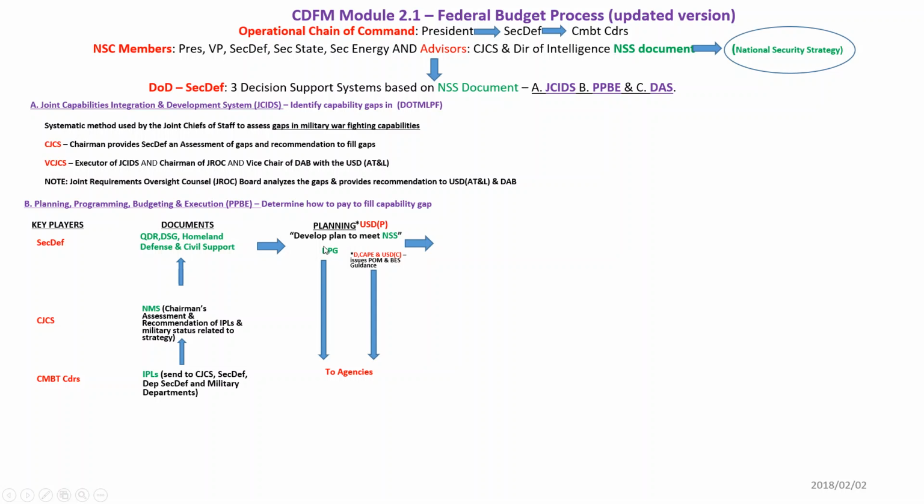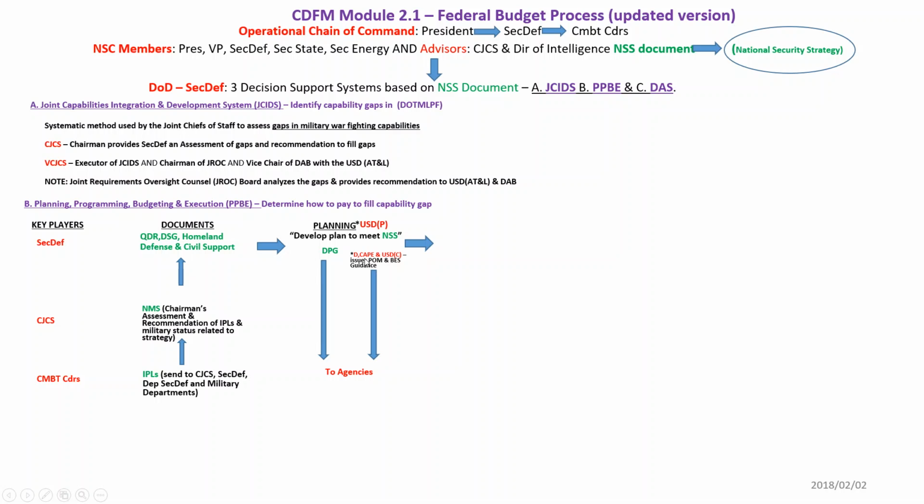So understand, although I don't have it all depicted here, there's a series of steps that goes through the planning phase. But the bottom line, the final document that is published in the planning phase of PPBE is the Defense Planning Guidance. Now, you may also hear the word Defense Planning and Programming Guidance. If you hear that, that is the same thing.